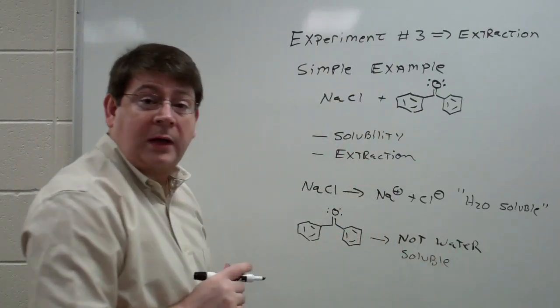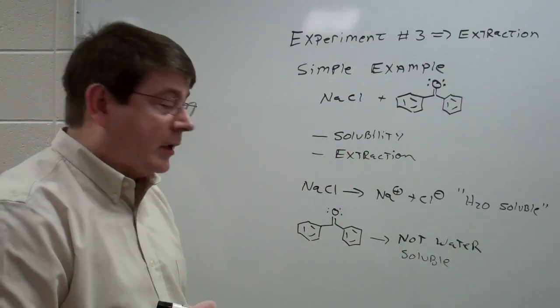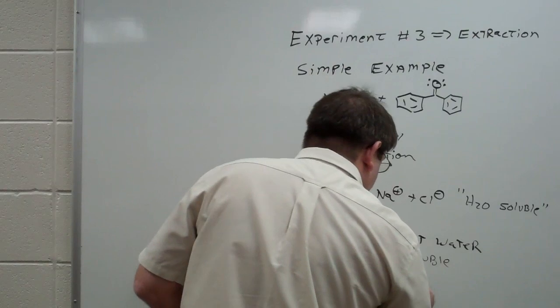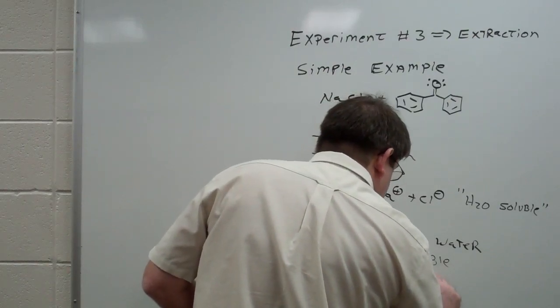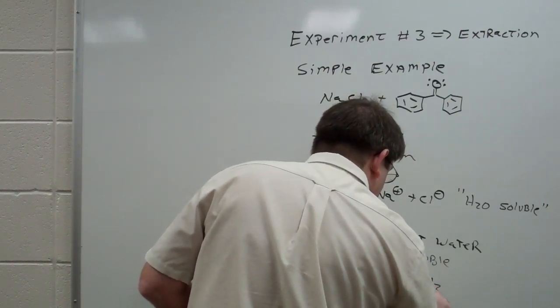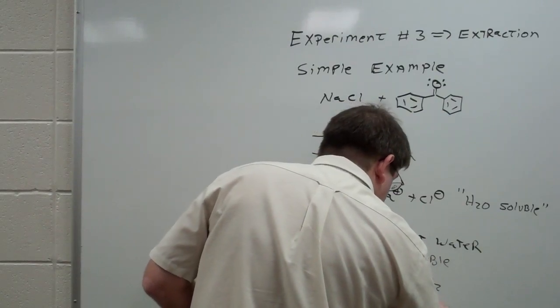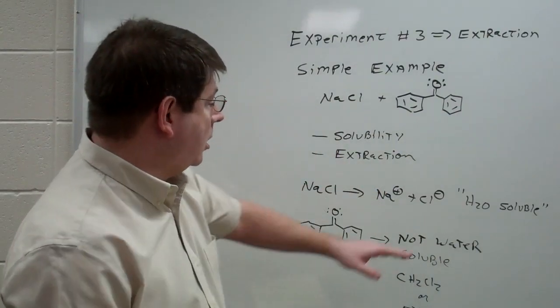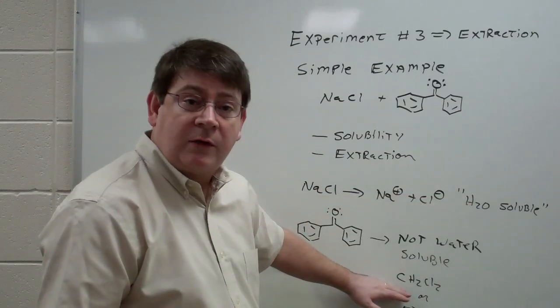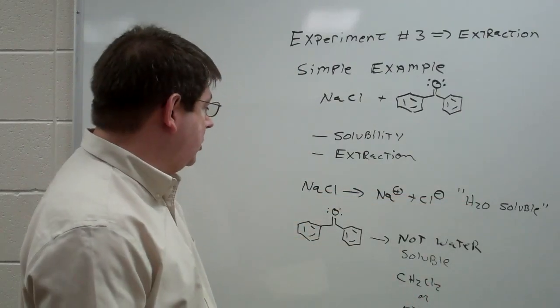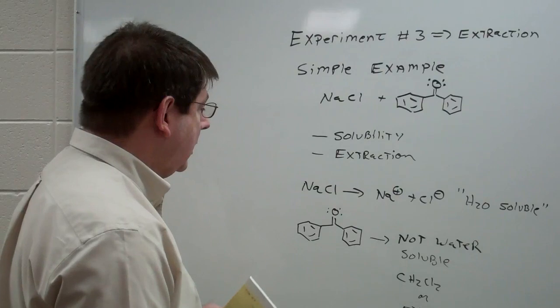However, it will dissolve in organic solvents, things like methylene chloride or diethyl ether. So it will dissolve in CH2Cl2 or ether. And it turns out that water and these organic solvents are not miscible with one another, and so we can use this to our advantage quite easily.